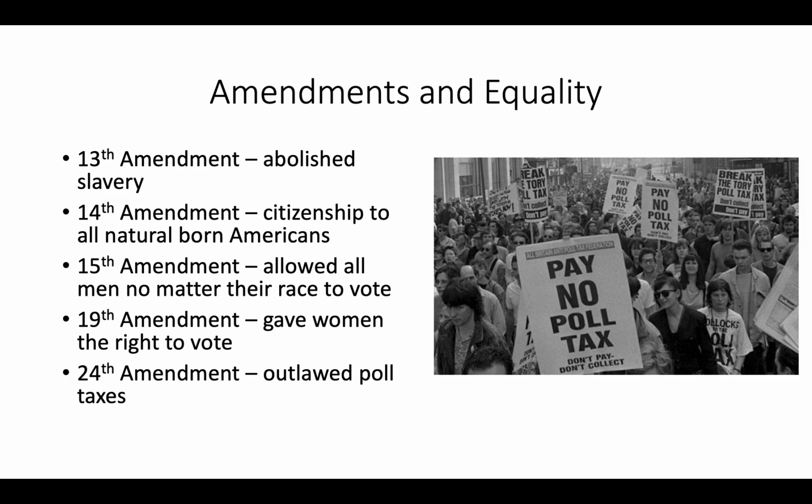Another, the 14th Amendment, offered all people, no matter your race, gender, or citizenship, wherever you were born, protection under all law, and citizenship to all natural-born Americans. 15th Amendment allowed all men, no matter their race, the vote. 19th Amendment gave women, no matter race, the right to vote. And the 24th Amendment outlawed poll taxes.